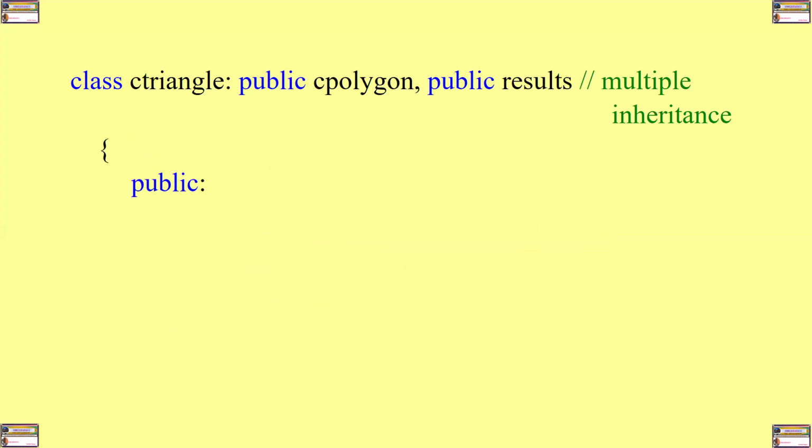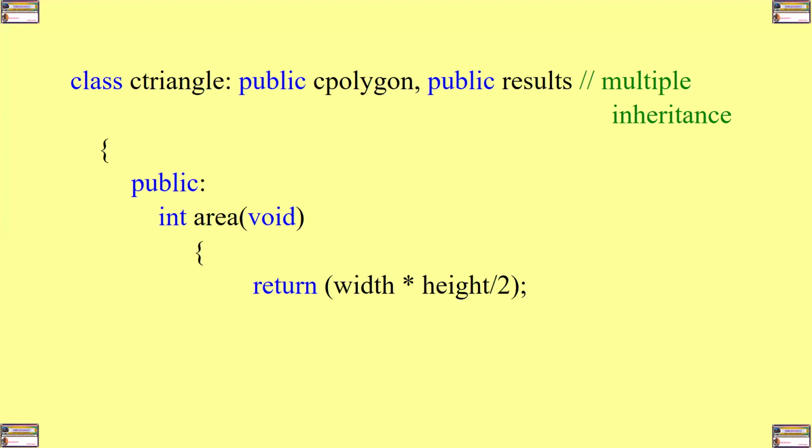Now, as you can see, this derived class called cTriangle has one public member method called area. It's not going to receive any value, but it's going to return a value. And what is this function going to do?